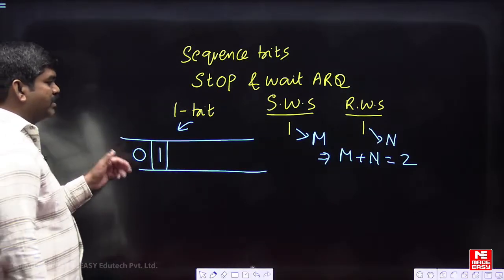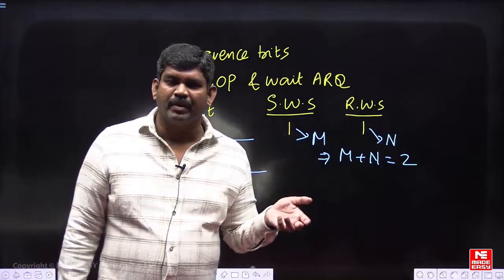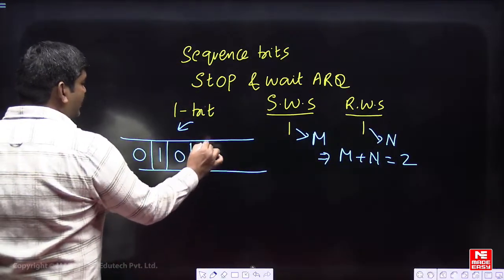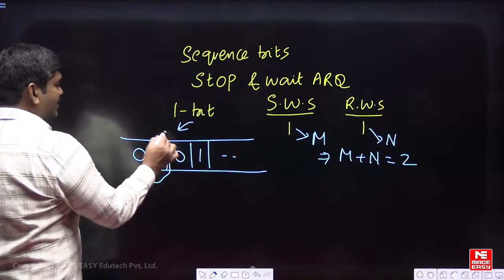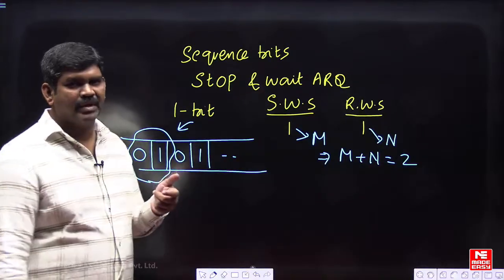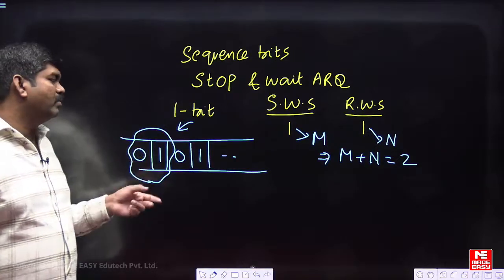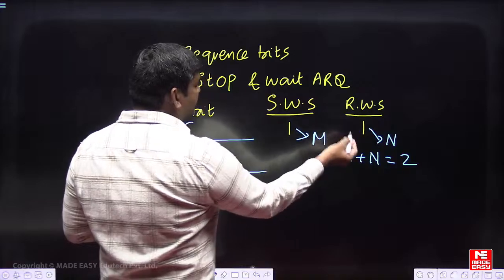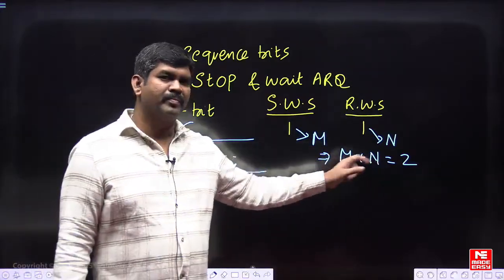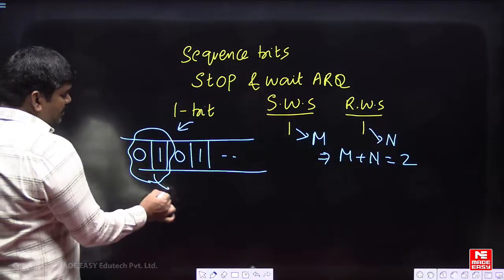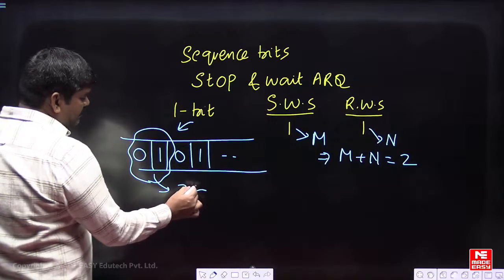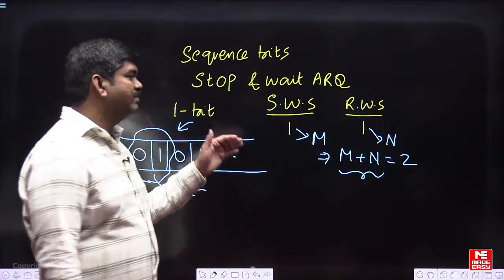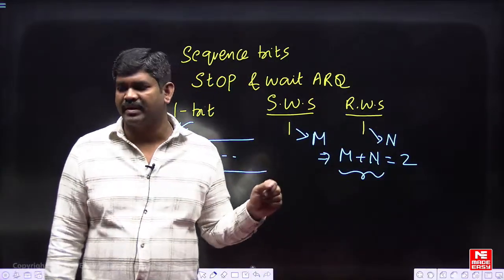Once the sequence numbers 0, 1 are completed, you again repeat them: 0, 1, 0, 1, like this. So how many distinct sequence numbers are you taking? 0 and 1 means 2 sequence numbers. And the sender window size plus the receiver window size is also 2. So this gives a clear idea: the number of sequence numbers participating will be equal to the sum of the sender window size and the receiver window size.